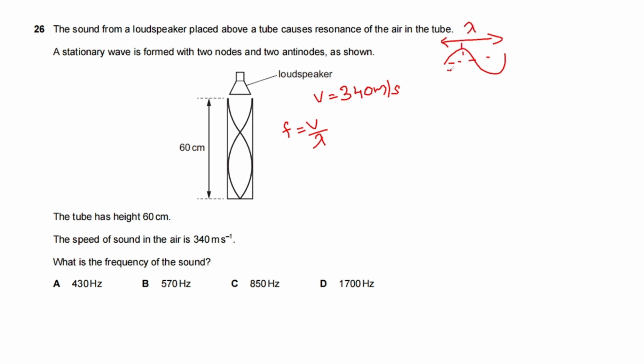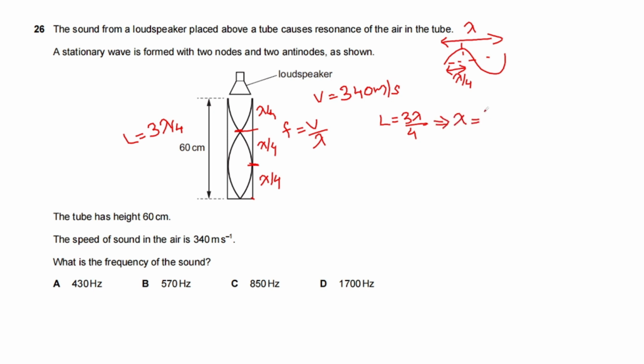So this length would be lambda by 4, and from this point to this length is another lambda by 4, and the length from this to this is also lambda by 4, which means that in this whole length L there is 3 lambda by 4 wave, right? So L is equal to 3 lambda by 4 is the equation that we can apply on this condition.